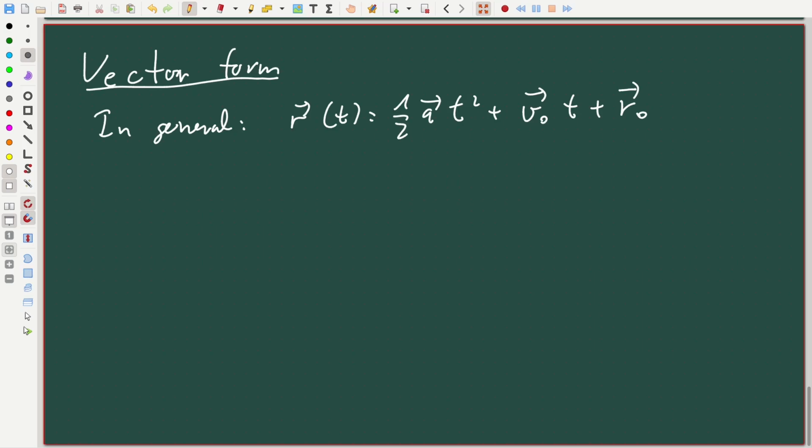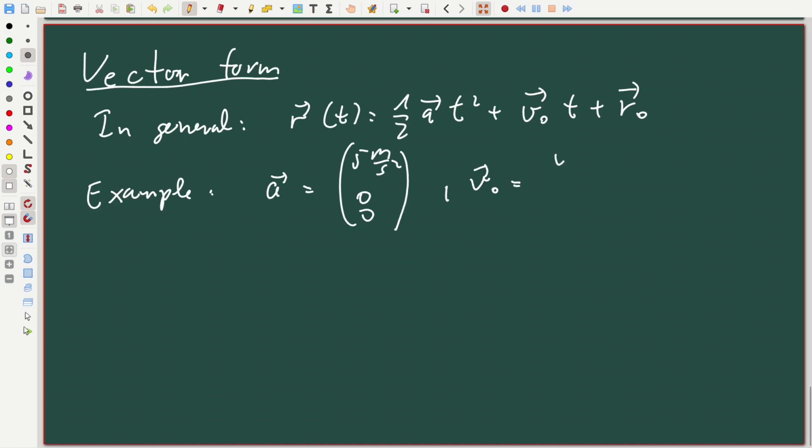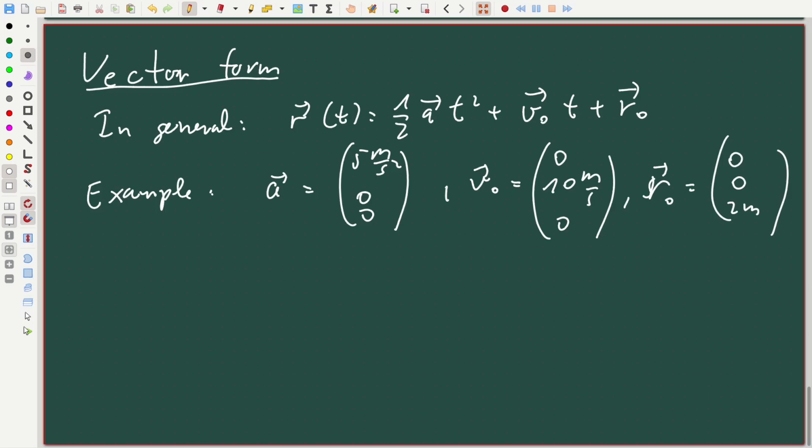And we can make another example for that, to again understand it and to learn it a little bit better. So let's suppose we have an acceleration which is constant, given in x direction with xy components as 5, 0, 0, and then we have an initial velocity given as 0, 10 meter per second and 0, and we have an initial position given as 0, 0, 2 meter in z direction.